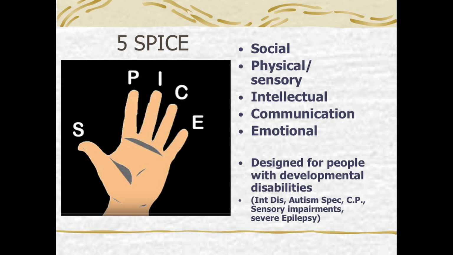And when there's difficulty in one area, such as communication or emotional development, which may be as a result of developmental delay or an attachment disorder, it can really resonate throughout the whole of the person's functioning, and it can affect perhaps their communication and intellectual ability as well.